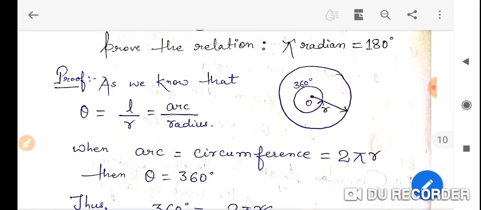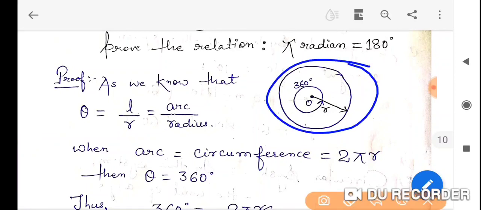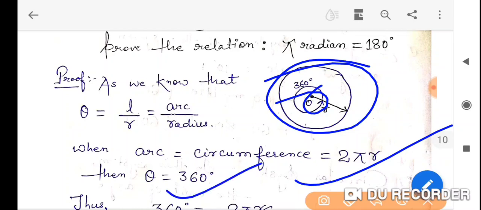As we know that a complete circle subtends the angle equal to 360 degree at the center, and in that case the arc length will be equal to the circumference, which will be 2 pi r, and the central angle will be found to be 360 degree.